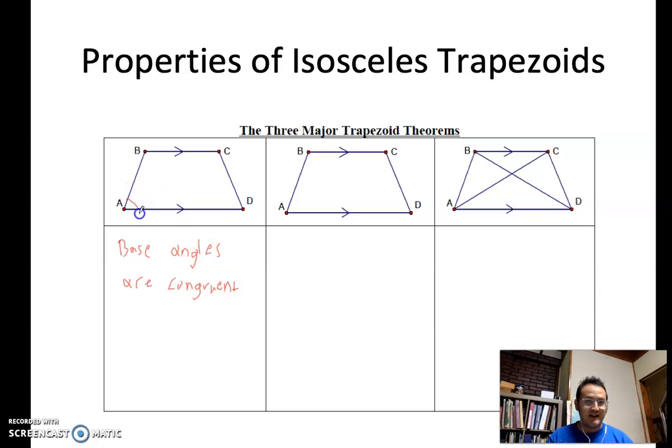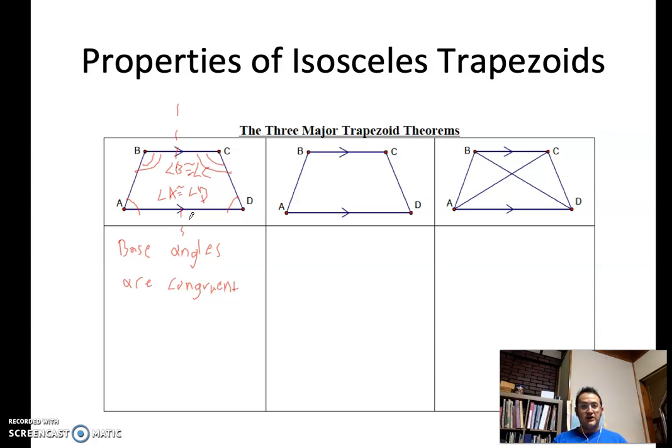What I mean by that is that angle A is congruent to angle D, and angle B is congruent to angle C. And you can see that the isosceles trapezoid is nice and symmetrical, and I just drew that dotted line to show you that it is.